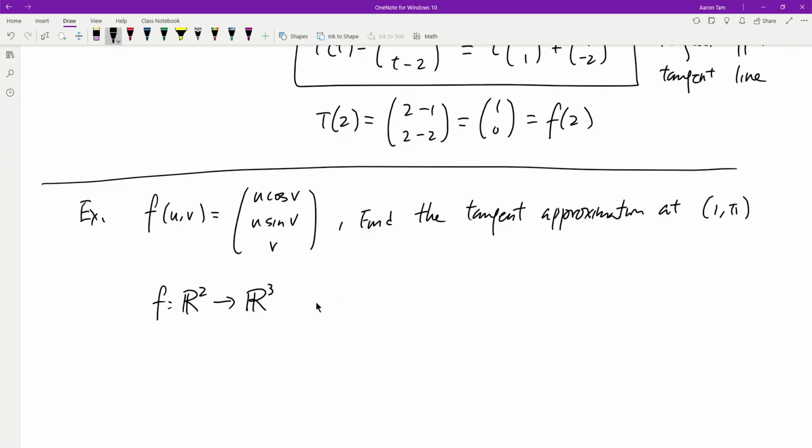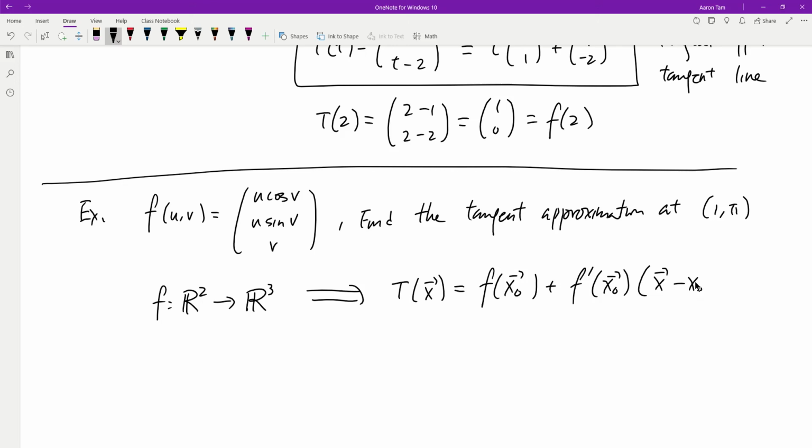So if I now look at my tangent approximation formula, T of vector x equals f of vector x sub 0 plus f prime of vector x sub 0 multiplied by vector x minus vector x sub 0, it will now become the following.